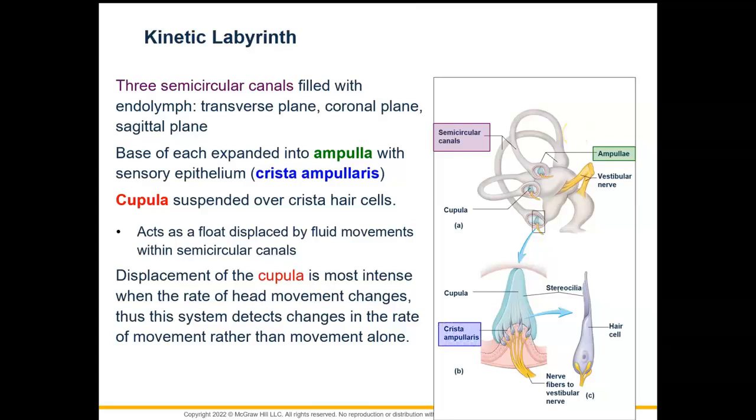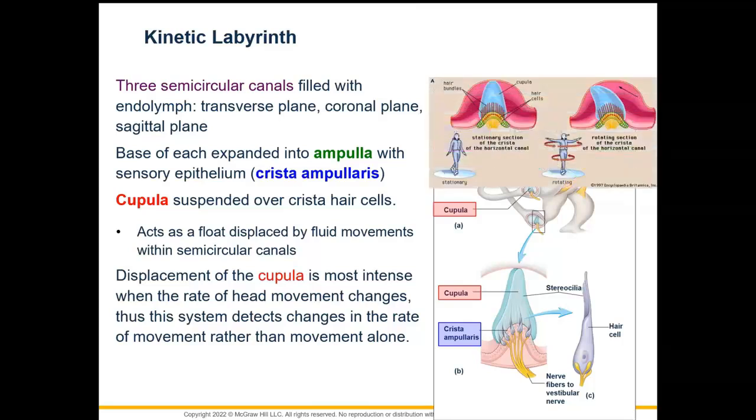At the top of this crista ampullaris, we will have what's known as a cupula, and this is going to act as a float that will displace by fluid movements within our semicircular canals. So this displacement of the cupula is the most intense when the rate of our head movement changes. Thus, the system detects a change in the rate of movement rather than the movement alone.